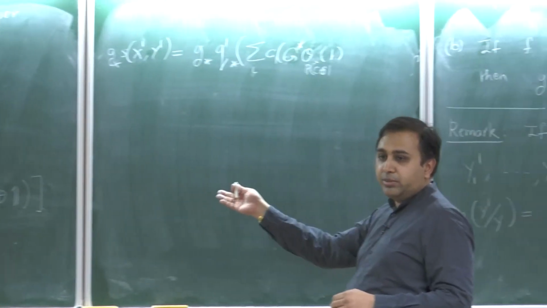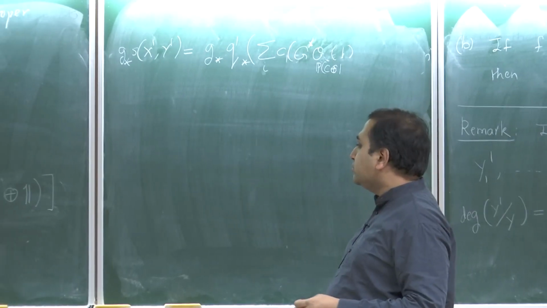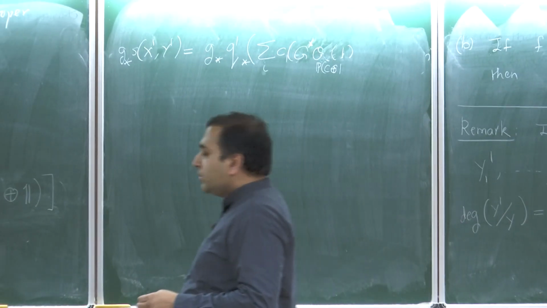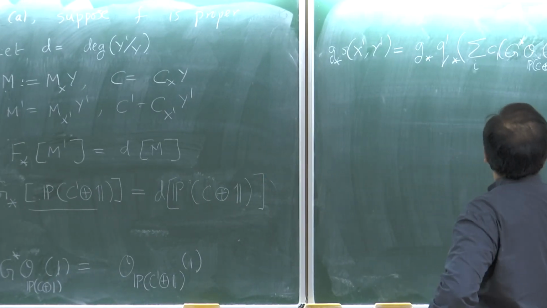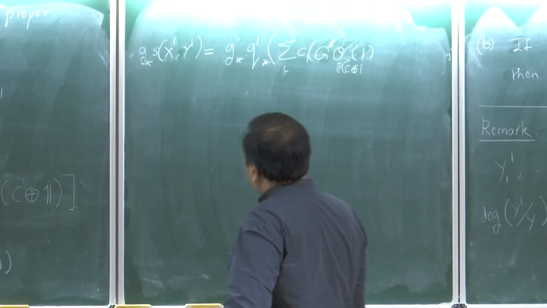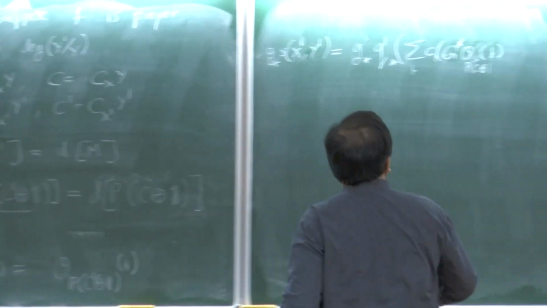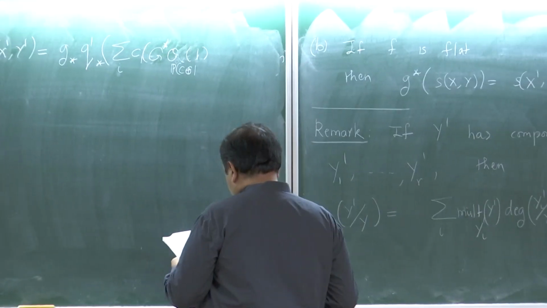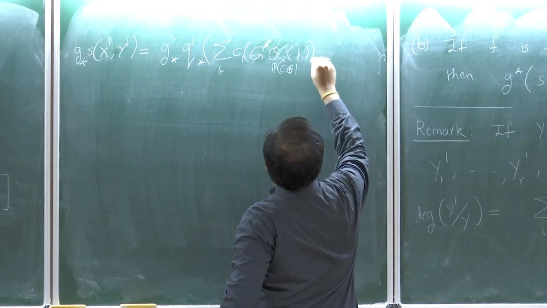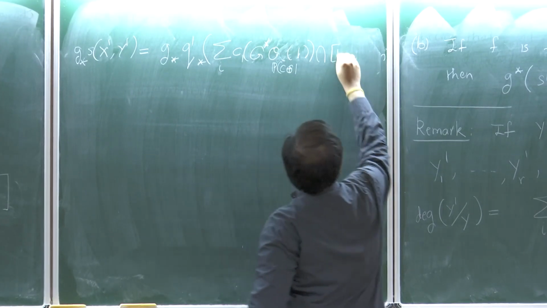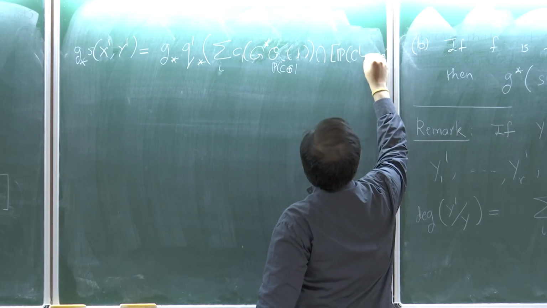Because it's a surjective map, and so you just have to take the degree. But anyway, that's not an issue here. So I take this and I intersect with P of C prime plus 1.